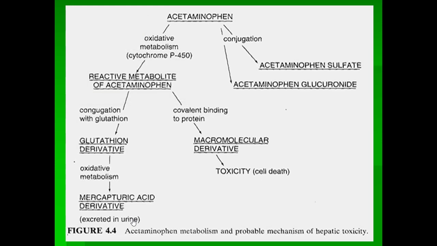Those reactive metabolites can be removed by reacting with glutathione within the cell, which converts them into mercapturic acid derivatives, which are inactive. So the antidote in this case is N-acetylcysteine, which restores the level of glutathione within the cell, so it doesn't become depleted, and it will neutralize the action of those toxic reactive metabolites.